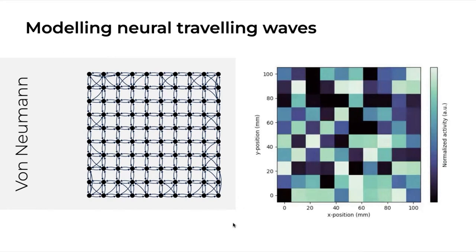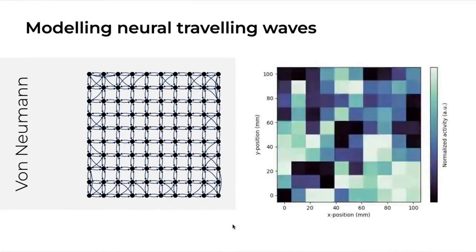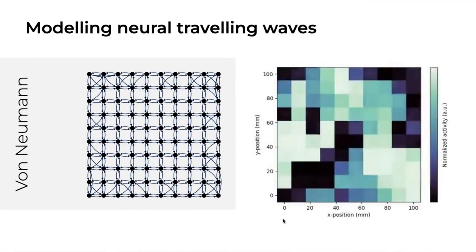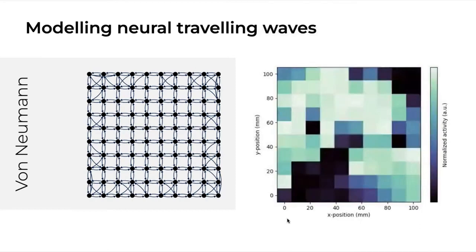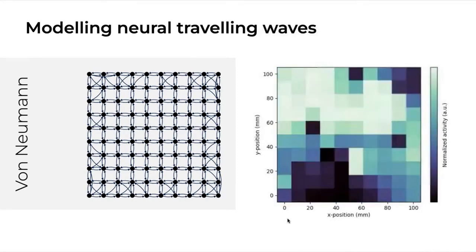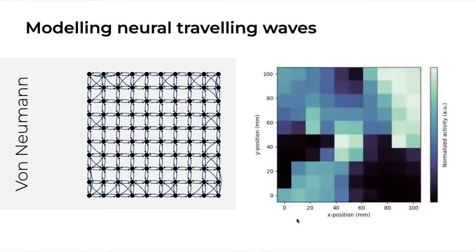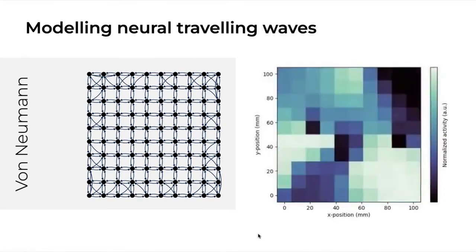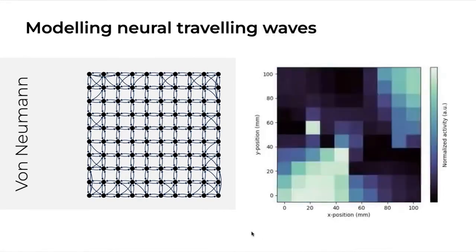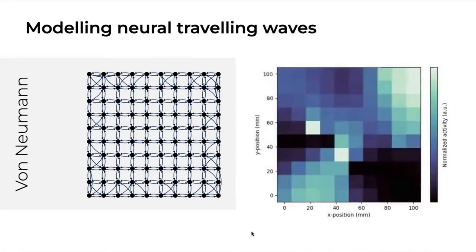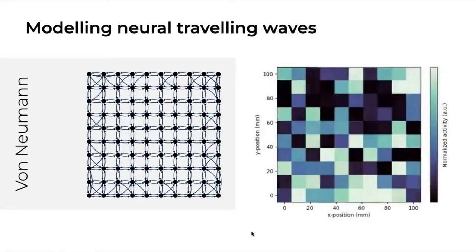And let's see what happens if I simulate this model. So as you can see, there are a couple of clusters of synchrony emerging, and they propagate through the sheet. So indeed, we do get traveling waves in this two-dimensional model of neural tissue. And now you can see the waves quite clearly.